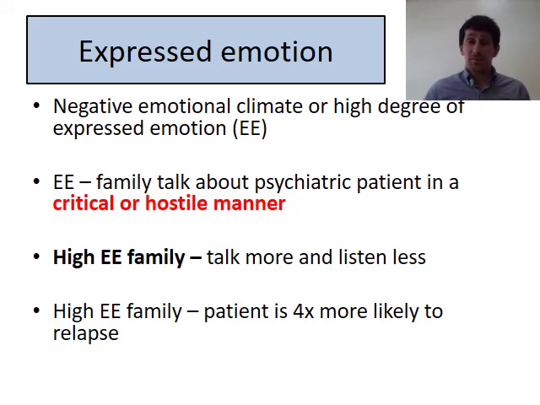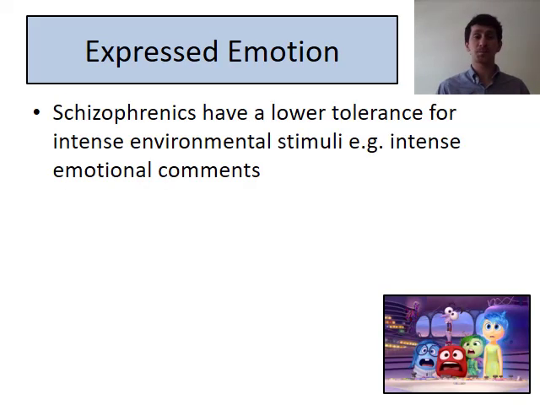It's been found that patients who live in or are surrounded by high EE families are four times more likely to relapse back into schizophrenia when they're starting to recover. So expressed emotion is really an important factor in causing schizophrenia. Schizophrenics have been found to have a far lower tolerance for this type of environment.